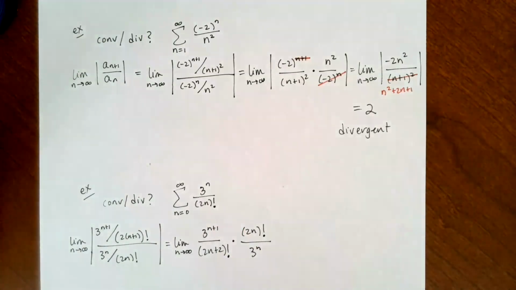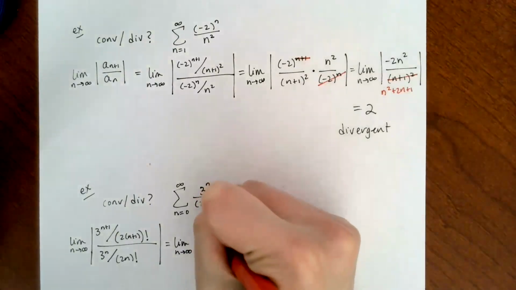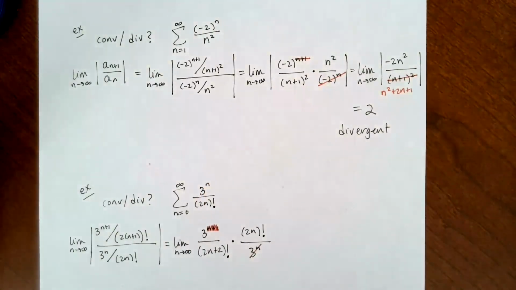All right, now I have some clear cancellation and some less clear cancellation. Certainly the powers of 3 are going to interact with each other. So this 3 to the n cancels with these, and I get one 3 left on top.